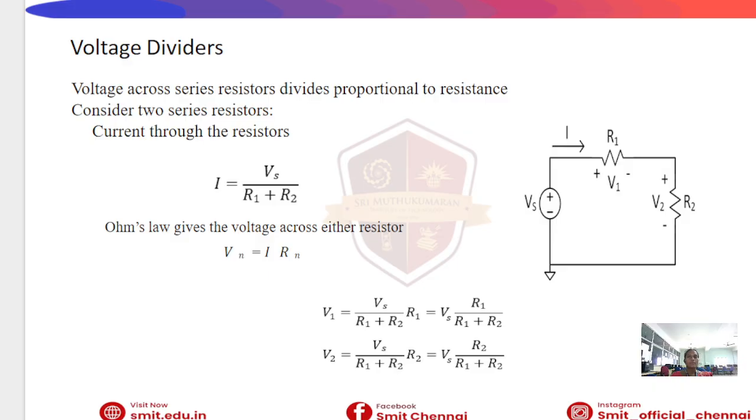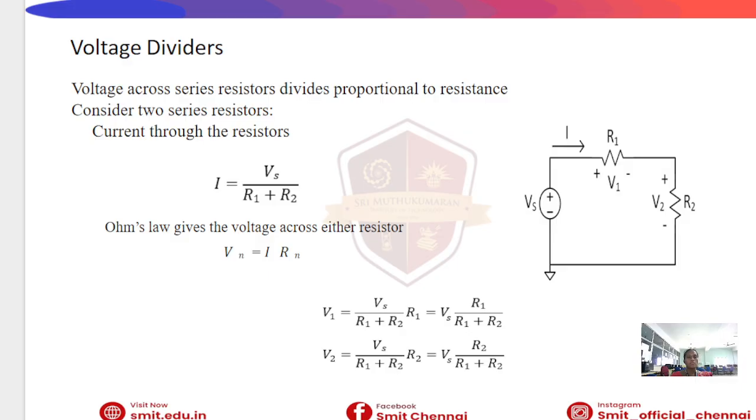So the same current flows through all resistors, and according to Ohm's law, V is equal to I into R. This principle is widely used in voltage divider circuits. A higher resistance gets more voltage and a lower resistance gets less voltage. Voltage dividers are commonly used in sensor circuits and reference voltage generation.